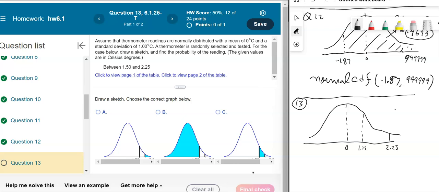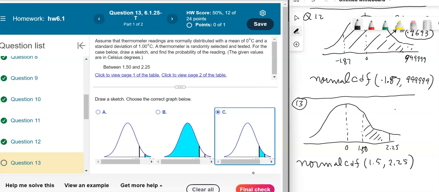Okay, so about that, 1.50 and 2.25. This one. Okay, so normal CDF 1.5, comma 2.25. That's all you need. And then picture definitely fits that one.